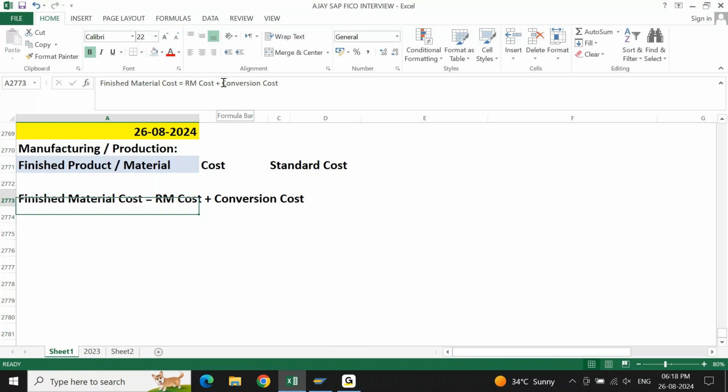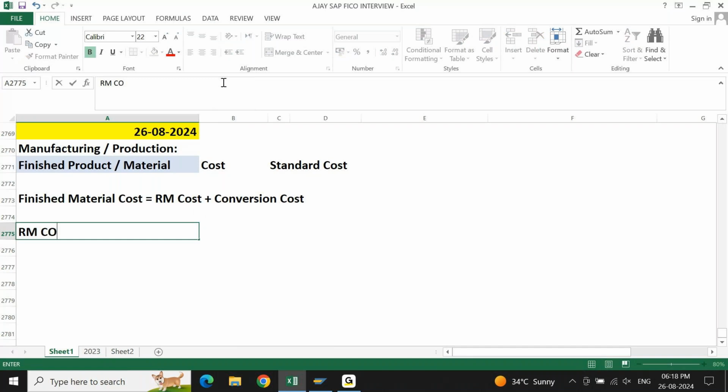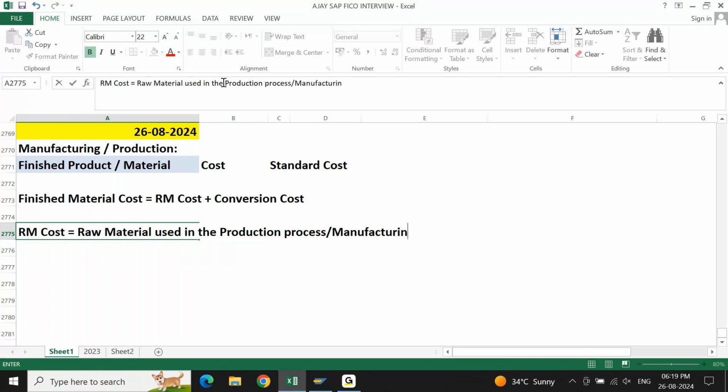Now, RM cost is equal to what? What is RM cost? Raw material cost. This is basically the raw material used in the production process or manufacturing process.